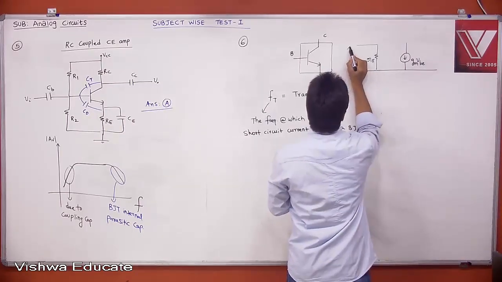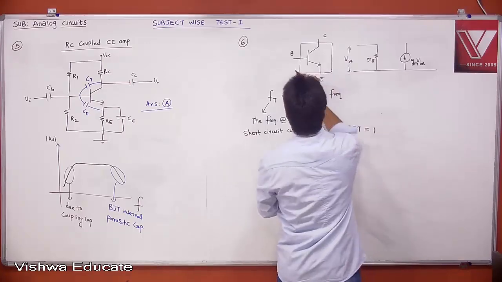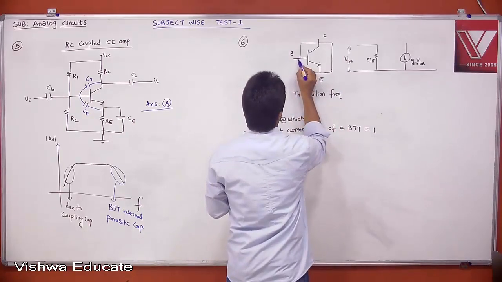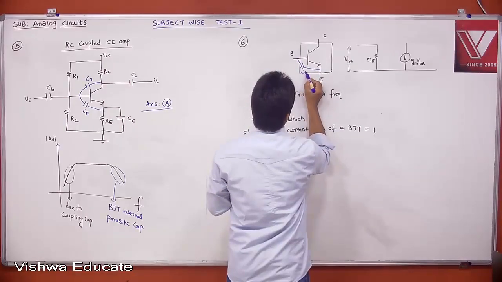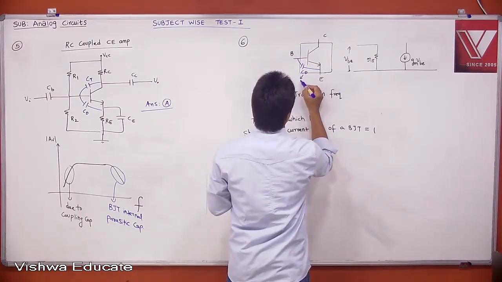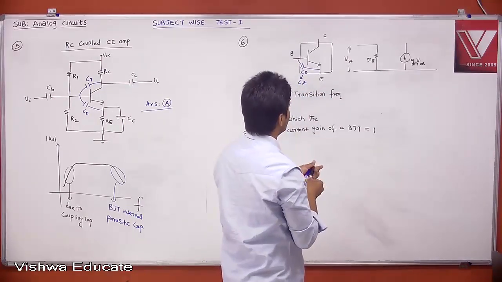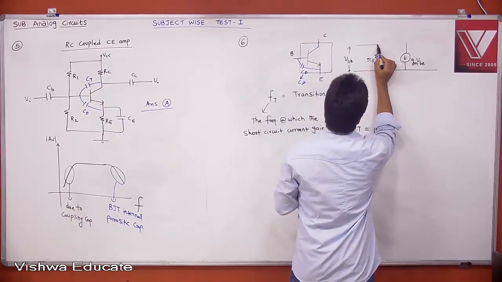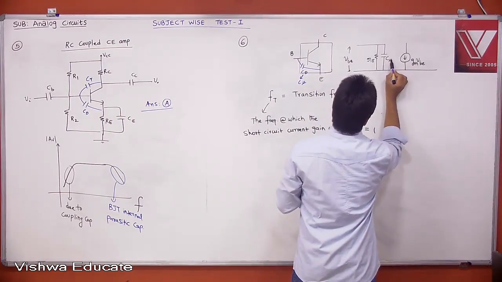This is our VBE, and from base to emitter, we have a capacitor. What capacitor? We have a PN junction diode. Therefore, we have diffusion capacitance, but people call that C mu also, instead of CD, which is also called diffusion capacitance. Therefore, that is what we have here. This is our C mu.